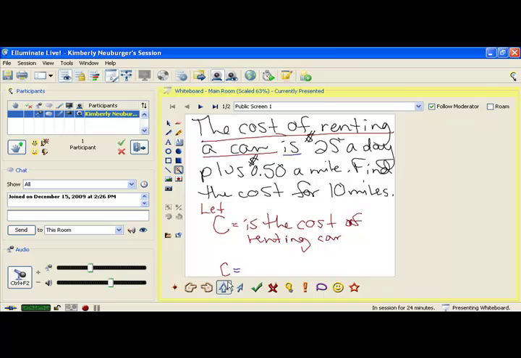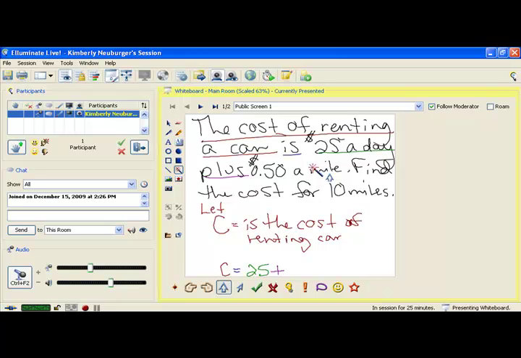Then if we continue on, it says $25 a day. And we are going to just have one day in this case, which I should have put in the second sentence. So that's going to be a 25 right here. And then we read the word "plus," which is an addition symbol. So this will translate into the plus. And then we come to something that's a little tricky. It says 50 cents a mile. 50 cents a mile is going to be 50 cents times how many miles you drive.